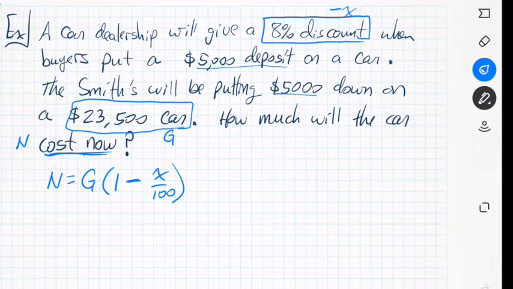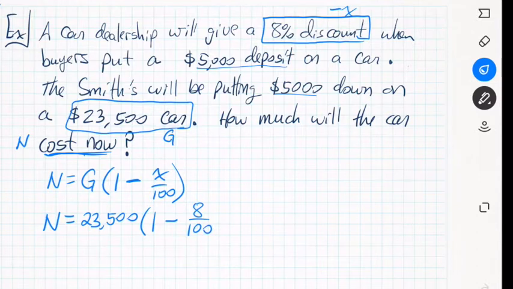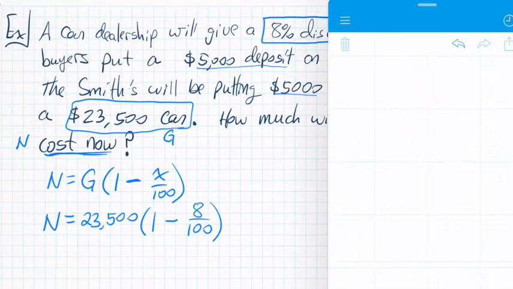All right, so N is going to go here. The 23,500 is going to go here in place of G, parentheses 1 minus 8 over 100 for the 8%. All right, so this one is the type where all the numbers are on the right-hand side. So you just need to type this into your calculator. 23,500.